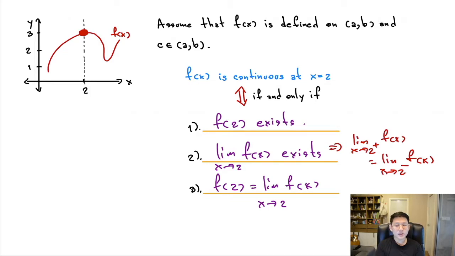And third, the value of f and the value of the limit are the same. In that case, it's going to be continuous. Make sense? So this is the definition of continuity.